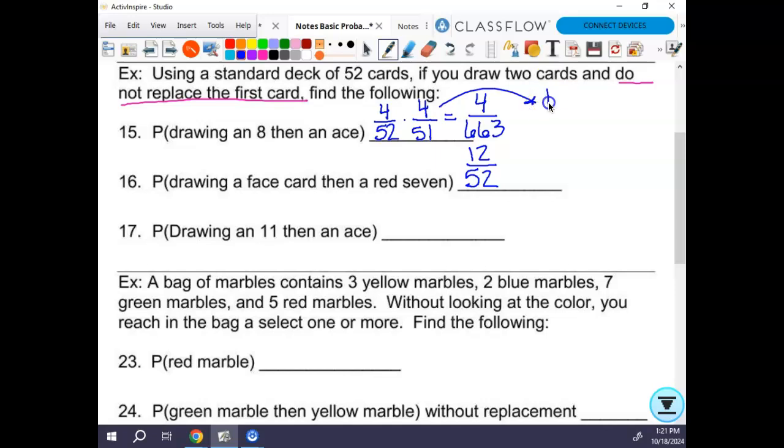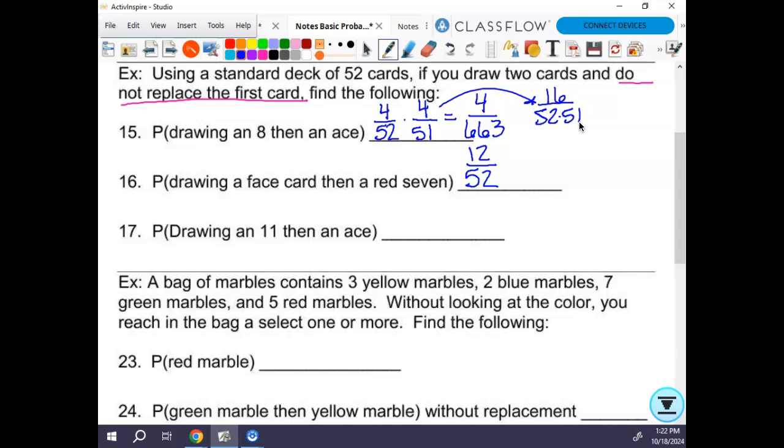When you actually multiply that, it ends up being 16 over, actually I don't even have that because the way I did it, I reduced stuff. I don't know what it is. 16 over whatever 52 times 51 is. Sorry about that. I just gave you the final answer. Because the last time I did this was the geometry part of it. I wasn't even letting them use calculators on this, so we were reducing and practicing multiplying, and yeah.